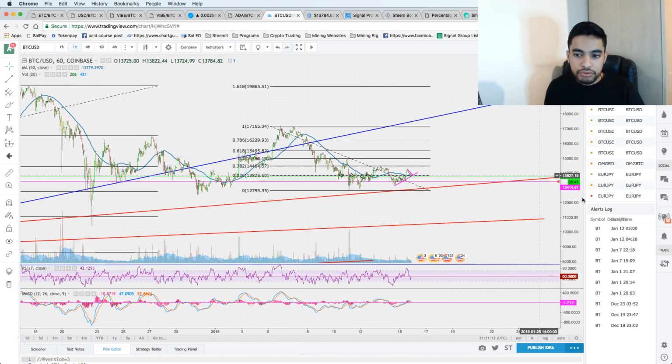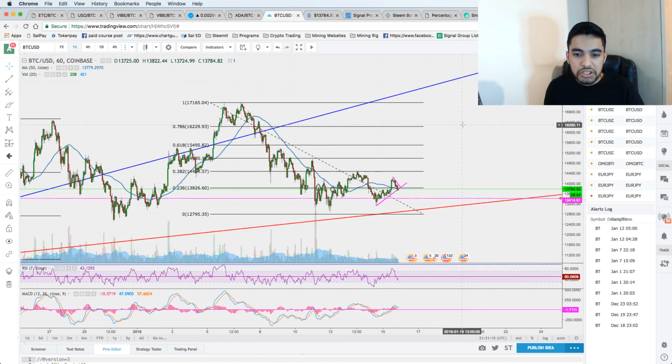If you know support, resistance basics and fib levels, you don't need trend lines or anything like that. If you buy this breakout here, you can make money until there, then sell it and wait for the breakout. If it doesn't happen, rebuy it down there, whatever it is. So that's how it works.